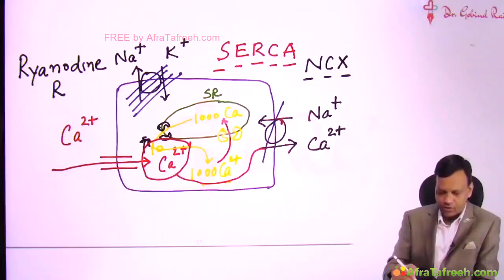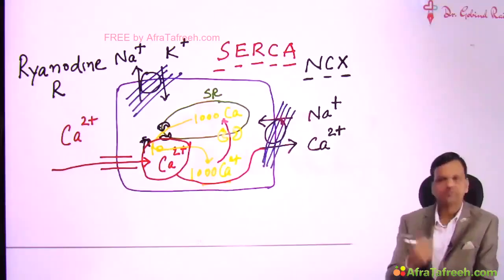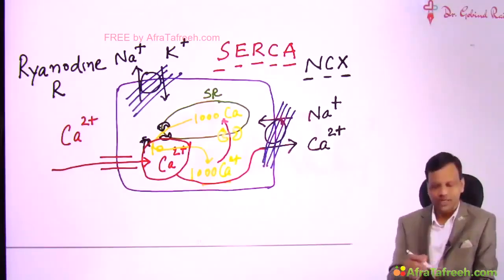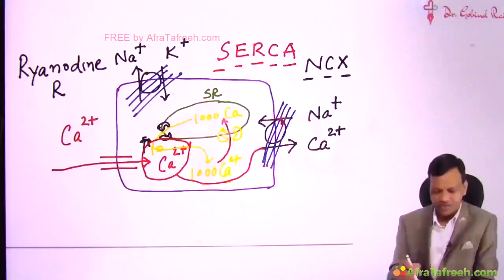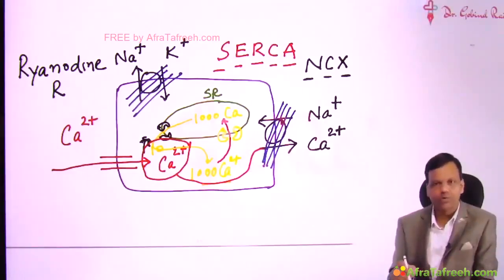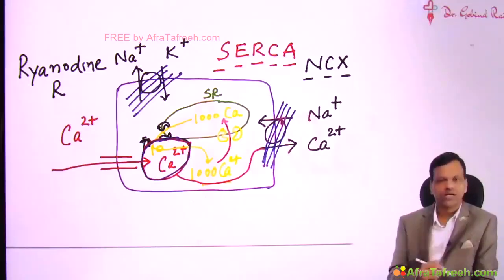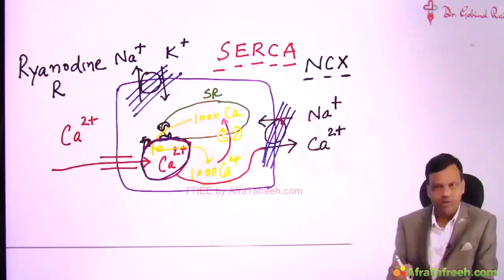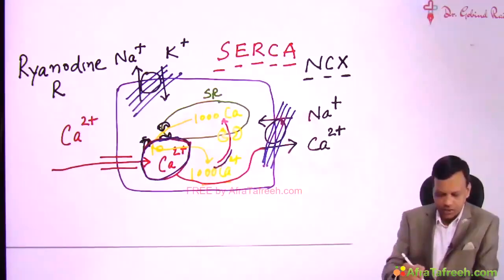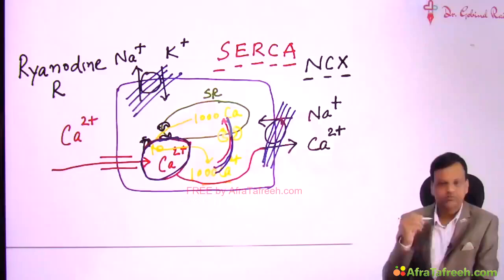So entry of sodium from the NCX stops. So indirectly the sodium calcium exchanger stops working. So when sodium is not coming in, in exchange calcium is not going out. So when calcium is not able to go out, what will happen to these 10 molecules of calcium? Because it cannot go out, it will start going inside the endoplasmic reticulum.